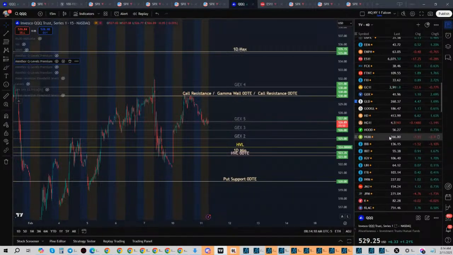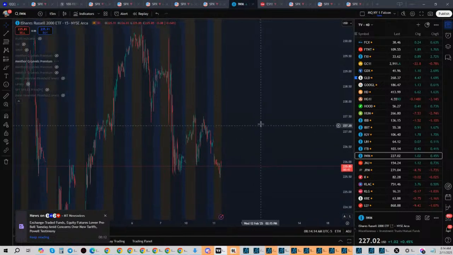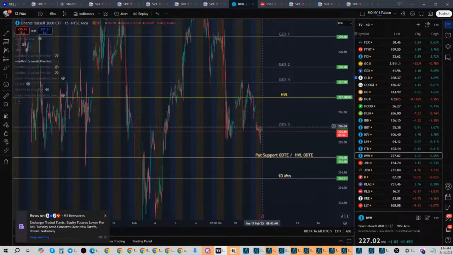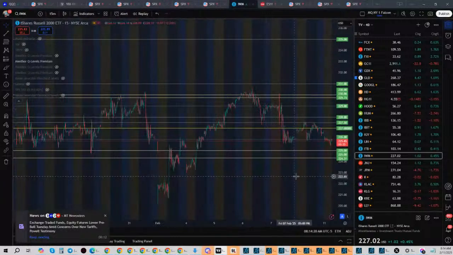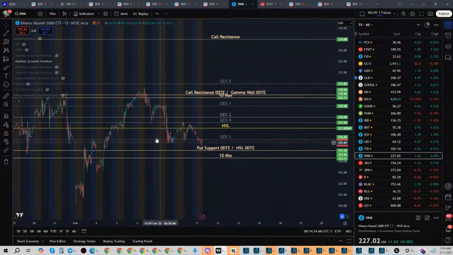IWM. Let's take a peek at IWM. IWM has been stuck in this range, 230 when it gets lucky, 224, 222 when it gets beat up.